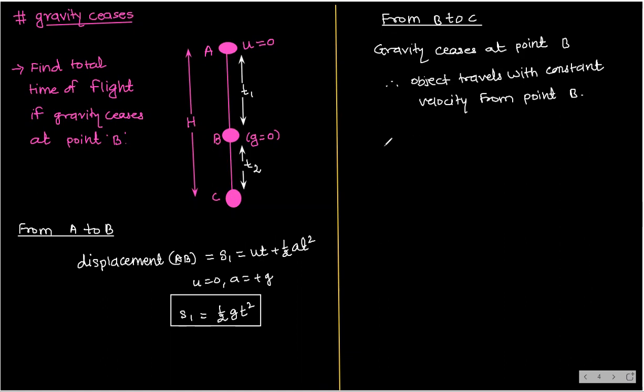And therefore BC, let us suppose S2, is equal to velocity into time. Distance is equal to velocity into time here. No need of kinematical equations. So therefore S2 is equal to v_B into time, which is t2. Okay, right now, got it? Understand?